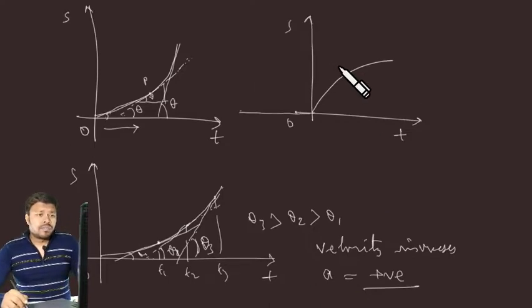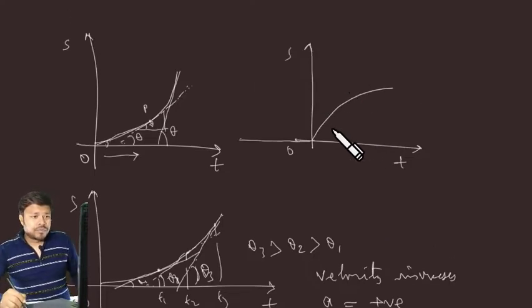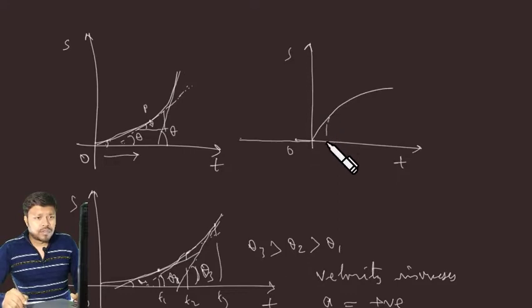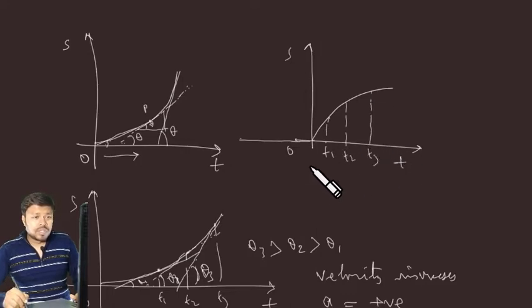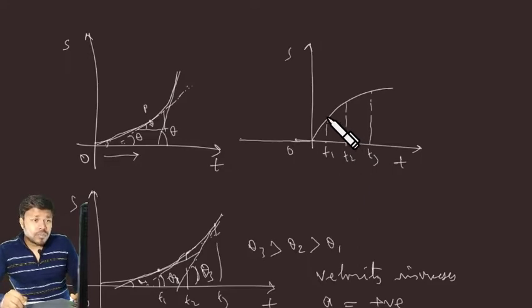Okay, let's talk about this graph now. In this graph, let's say we'll take three points, three times. So let's say this is T1, this is T2, and this is T3. All right. So at these three different times, at T1, the velocity was tan of this theta 1.